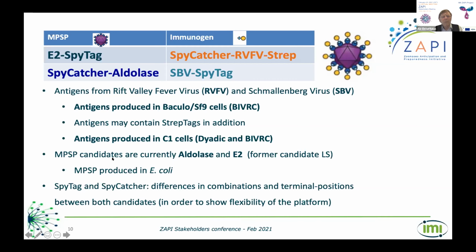Well, these multimeric presentation forms are currently aldolase and E2. That has been selected now, produced in E. coli, and we have heard the data there, which were all quite promising.